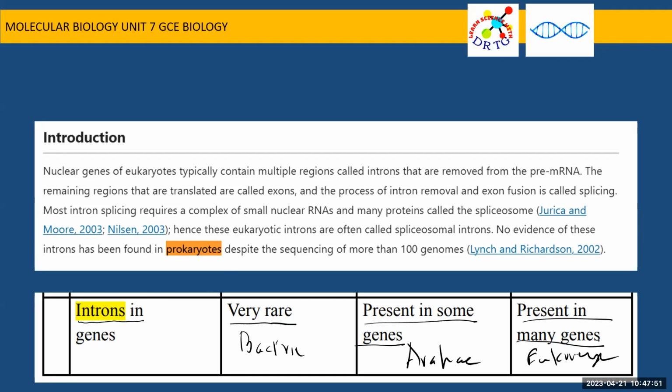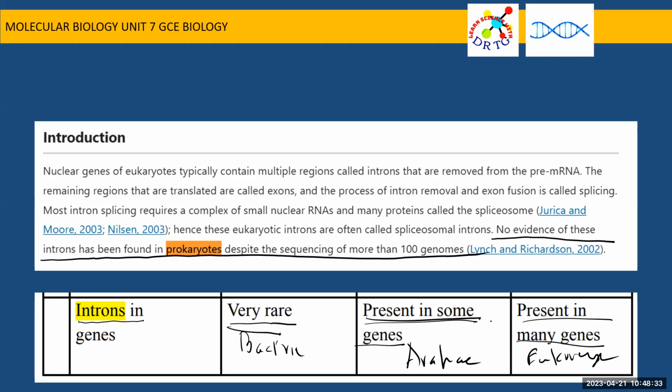But the correct data is that no evidence of introns has been found in prokaryotes despite the sequencing of more than 100 genomes. Scientists have done so much study, but we never find introns in prokaryotes. Current data propose there are no introns in prokaryotes. However, the resource book doesn't say that. It says very rare, present, and many.